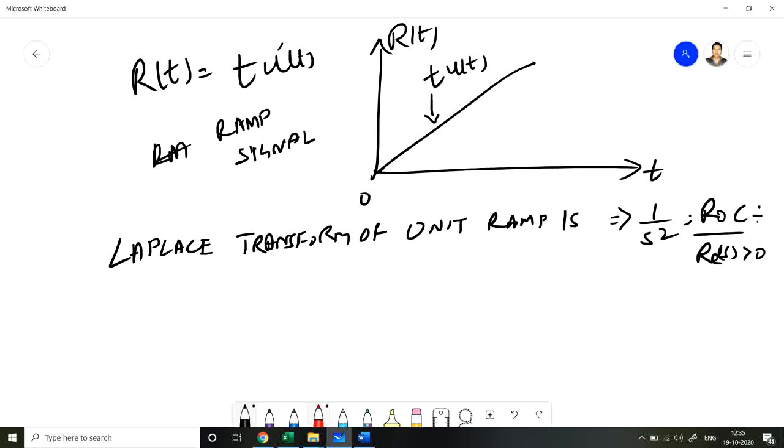So let us do part B, that is x(t) equal to del dash t. Then the Laplace transform X(s) is the integral from minus infinity to plus infinity of del dash t e raised to the power minus st dt. Now we can use the differentiation property here.